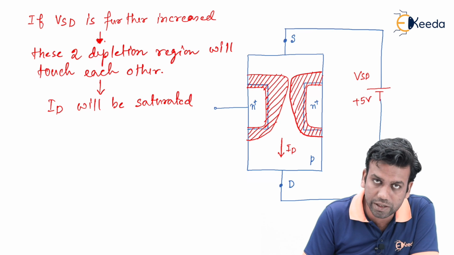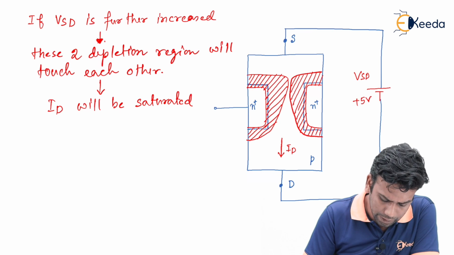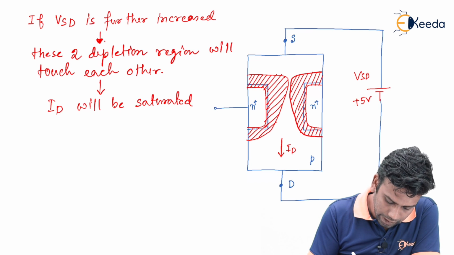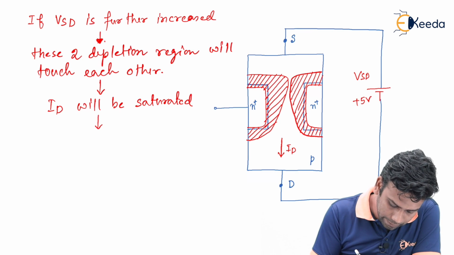The channel cross section will be very small, and within this the ID current will flow and the channel current density will be high.